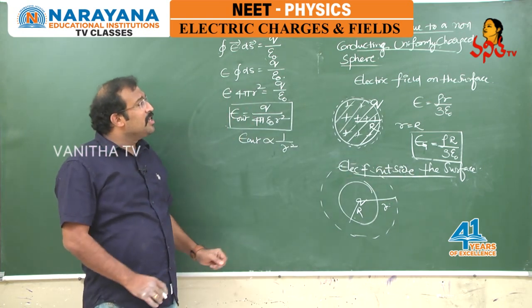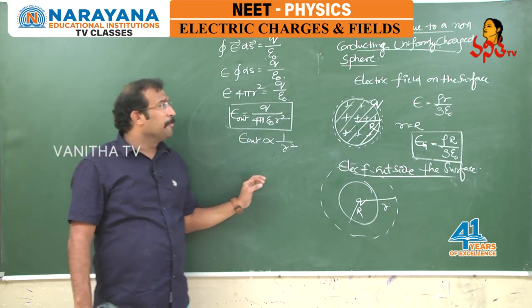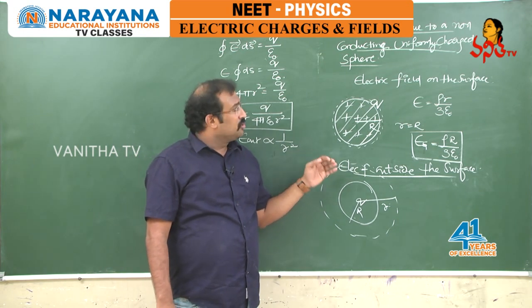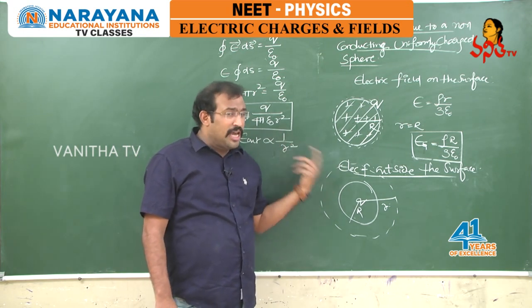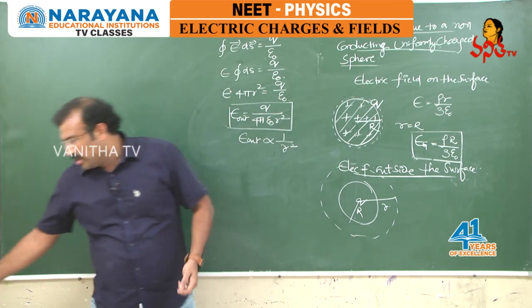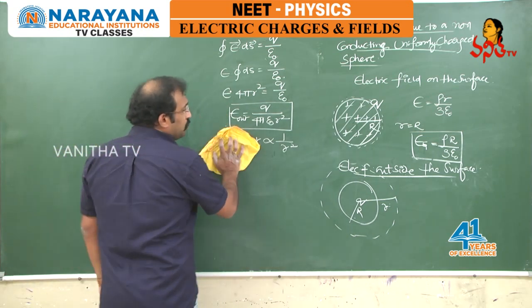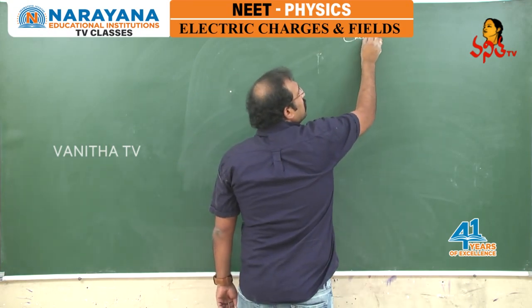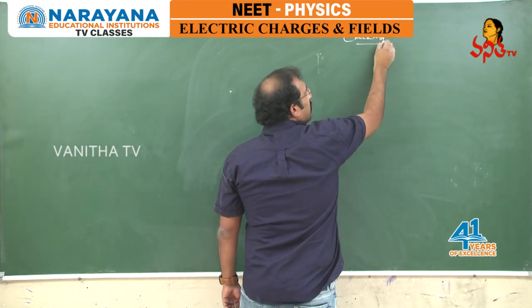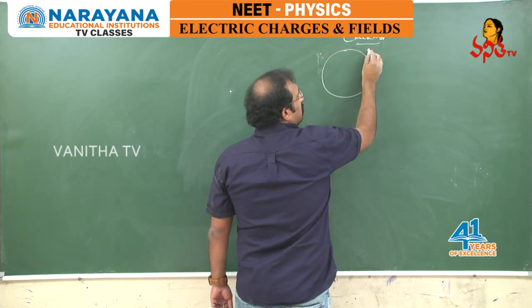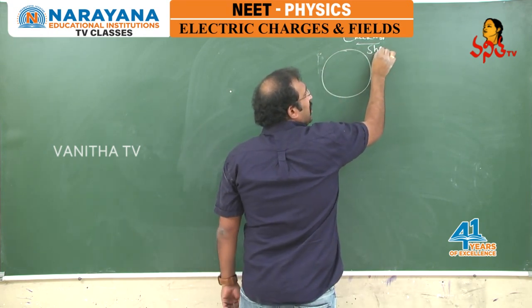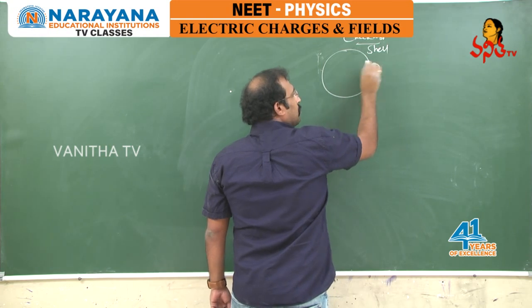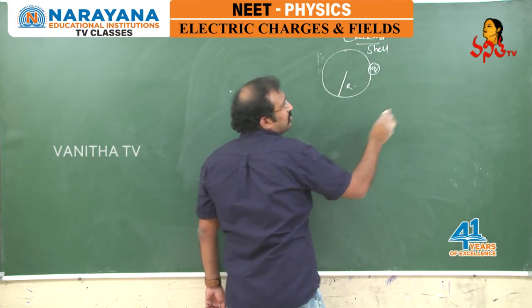Okay, now we will see the graphs related to a uniformly charged shell as well as a solid sphere. I will draw side by side for these two, and give a checklist. This is a shell, radius r.